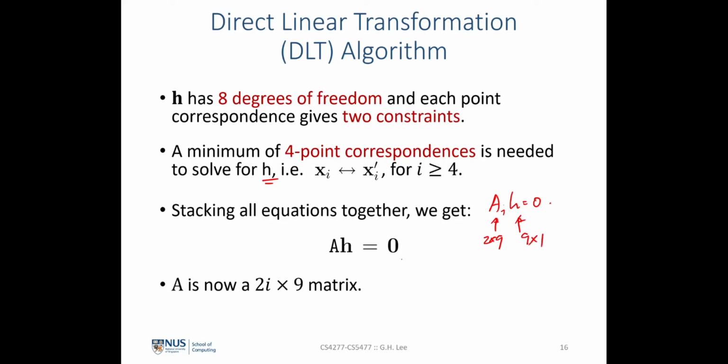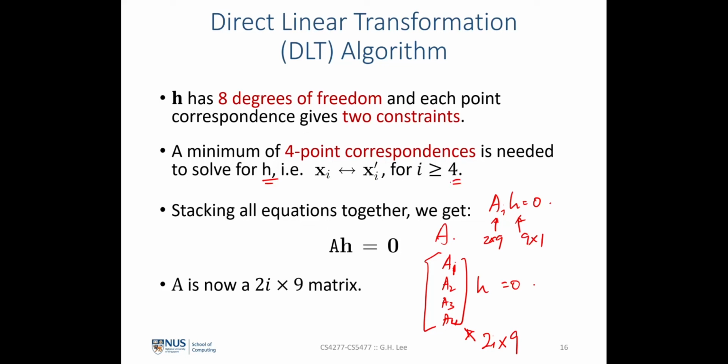4 point correspondences means that I can stack them up together. The A1, A2, A3, and A4 here, I can stack together, and they will still multiply by h and equal 0 here. So altogether I will get a 2n by 9 matrix over here, which I collectively call A. Note that it need not necessarily be just 4 point correspondences.